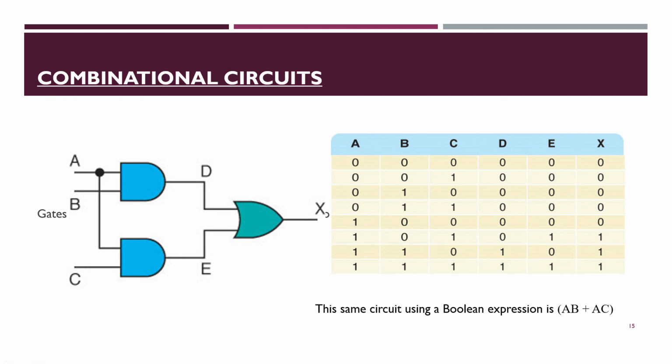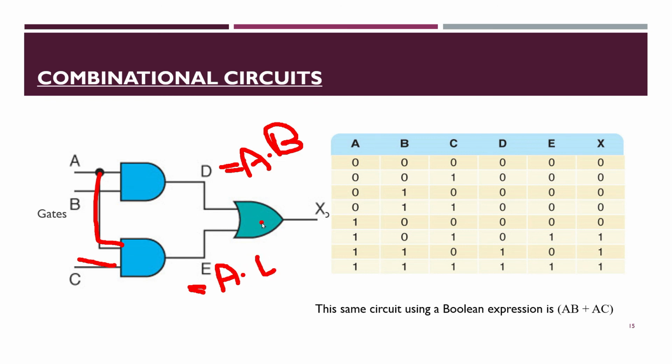So here you can see there is an AND gate, and this is also an AND gate. This is an XOR, and this is an OR gate. A and B are the inputs given to this AND gate, and D is the output. So for D, it will be A dot B. The output of D will be equal to A dot B, and the output of this other gate, as one input is coming from A and one from C, will be equal to A dot C. So this will be given to the OR gate.